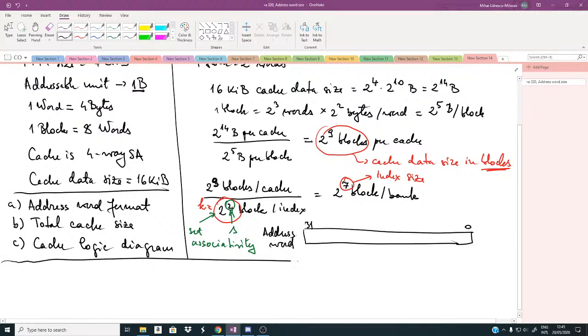I will finish here with point A. So this is the byte offset on 2 bits. This is the word offset on 3 bits.